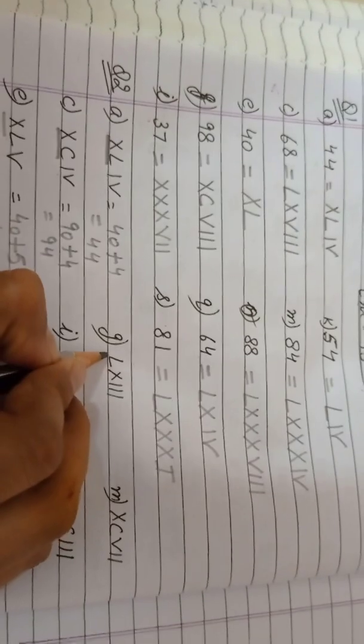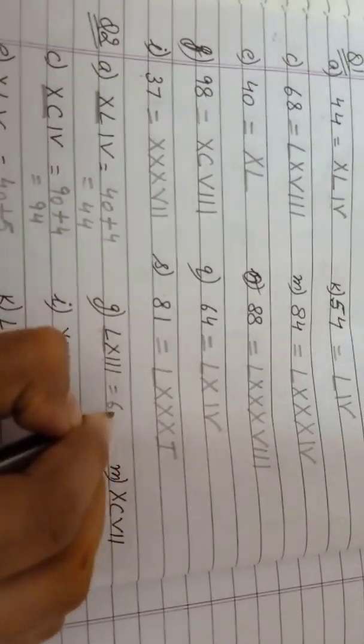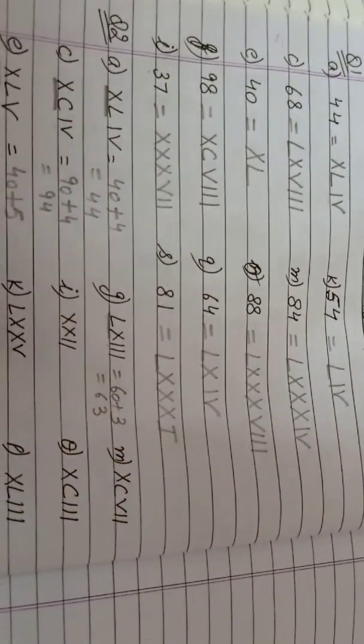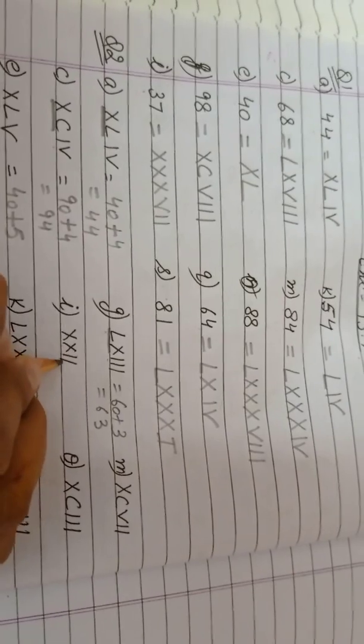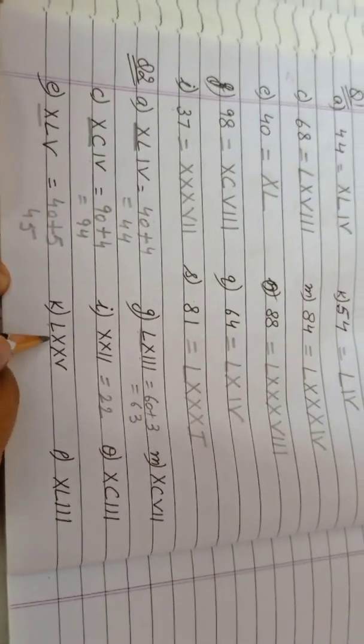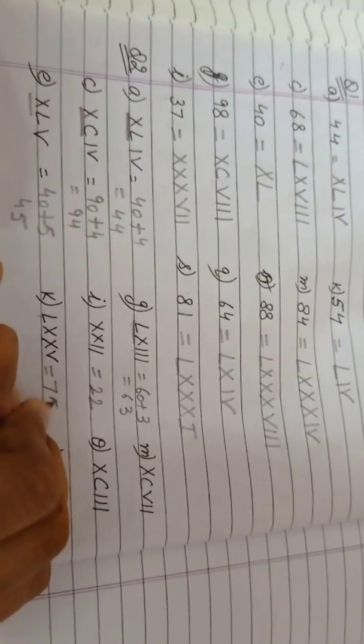Now come over here. LX means 60 plus 3 will make it 63. Now this is 20 plus 2 is 22. 50, 60, 70 plus 5 will make it 75.